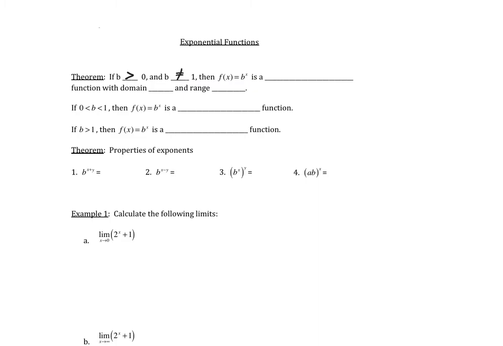Another thing we notice is that when you have this exponential function, your function is going to be a one-to-one function. And let's say that the domain is going to go from -infinity to +infinity. And the range is going to be only positive values, so from 0 to +infinity.